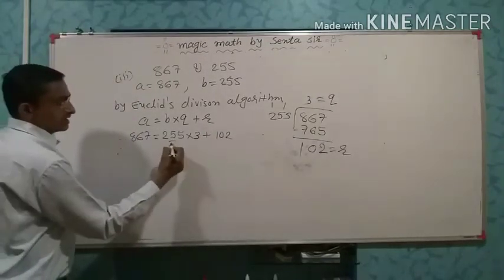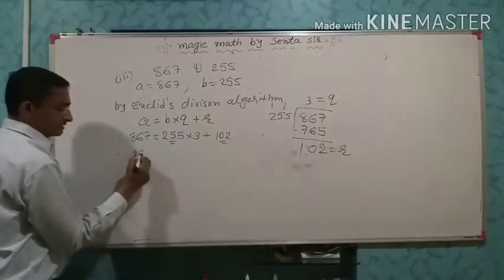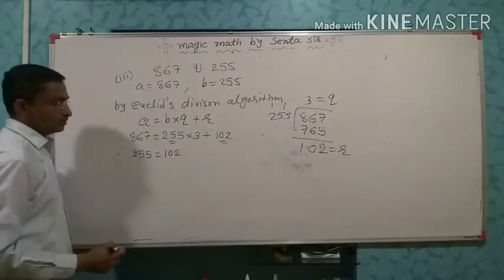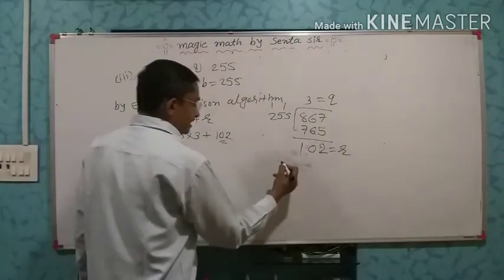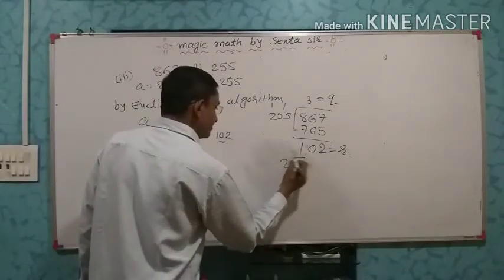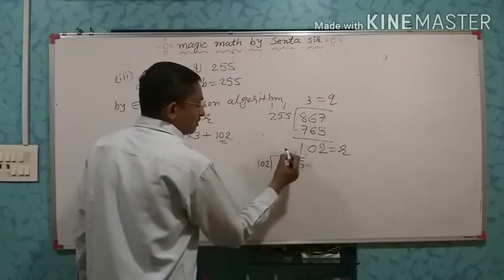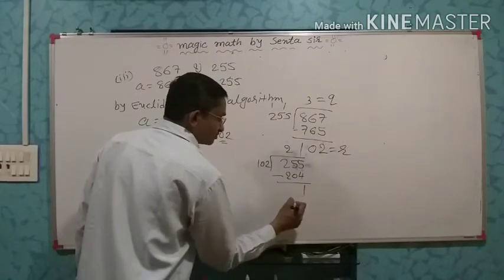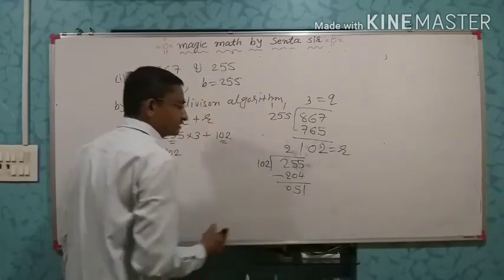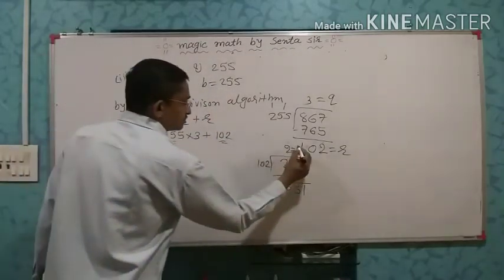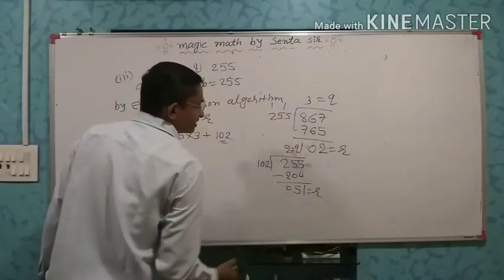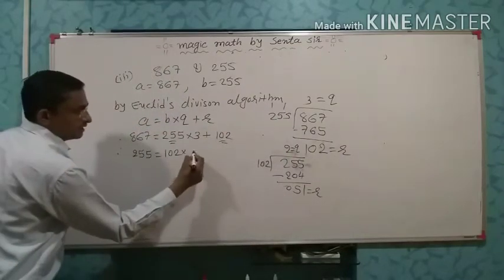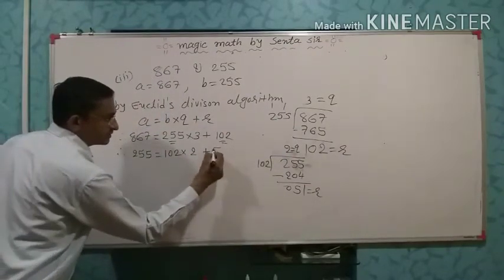Now we take the second number and the fourth number in the next step. 255 is equal to 102. Divide 255 by 102. 102, 2s are 204. 5 minus 4, 1, 5 minus 0, 5, 2 minus 2, 0. 2 is the quotient and 51 is the remainder.